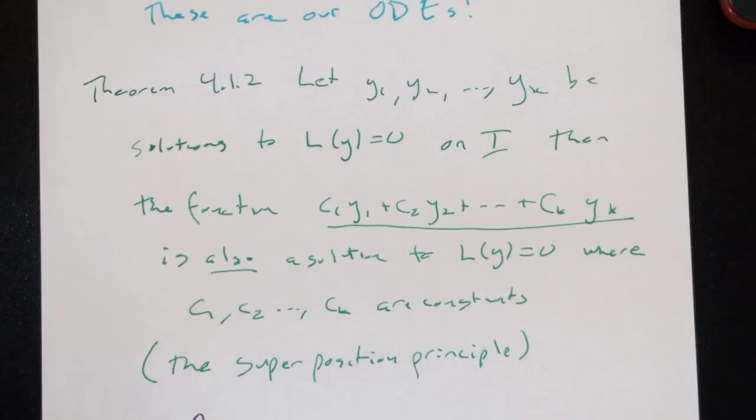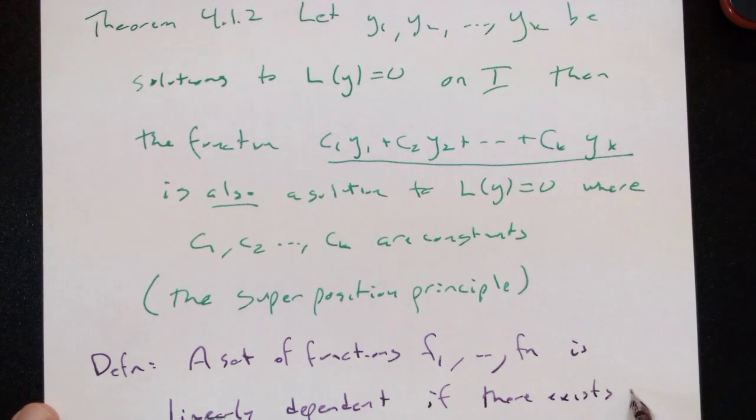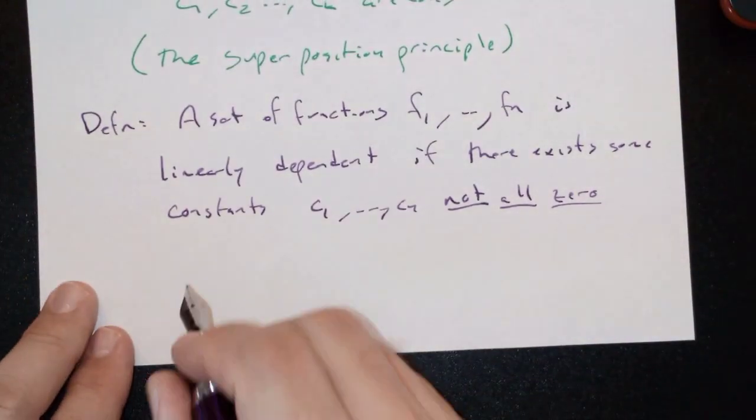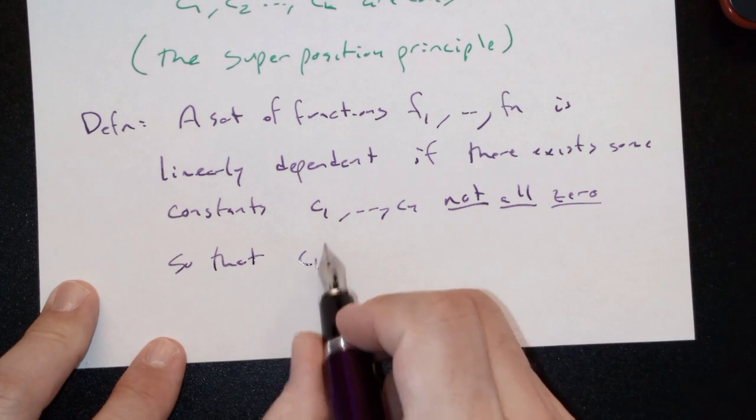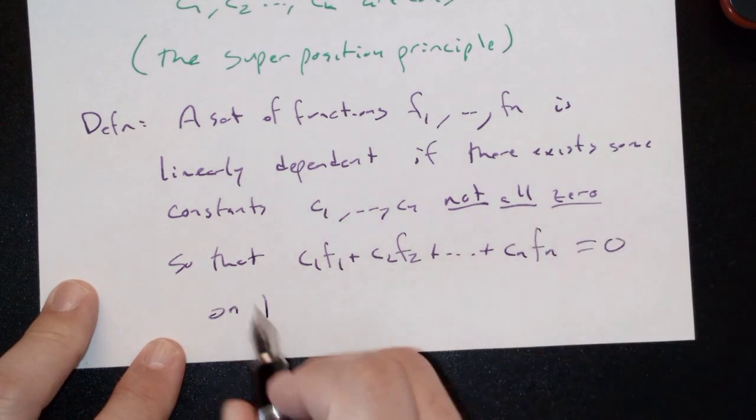Definition. A set of functions f1 up through fn is linearly dependent if there exists some set of constants c1 up to cn, not all 0, so that c1f1 plus c2f2 plus ... plus cnfn equals 0 on an interval.